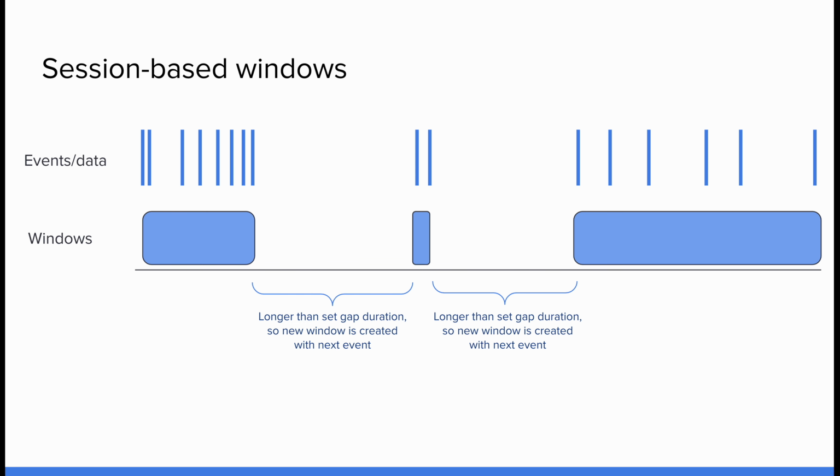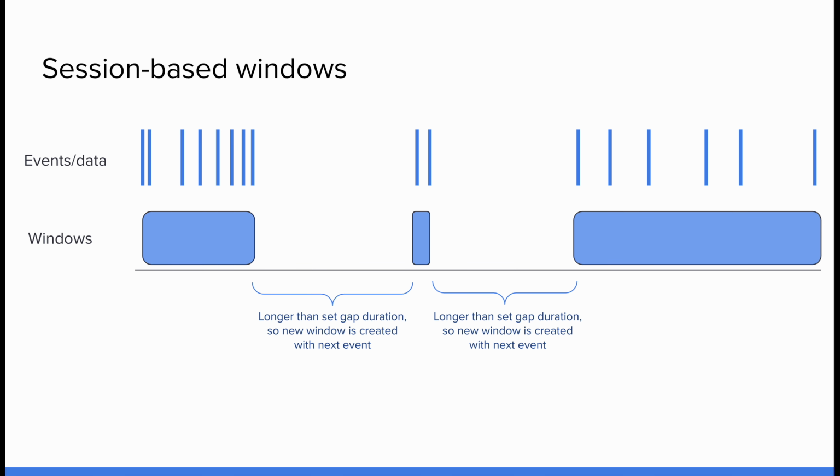For example, if I set the gap duration to 5 minutes, that means that if I get one event every 4 minutes and 59 seconds over and over again, Dataflow will continue to consider that part of the same session. Once there is a gap with no data for 5 minutes, then Dataflow will start a new session.